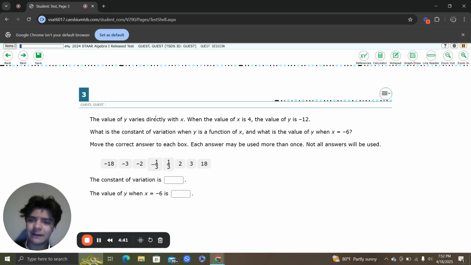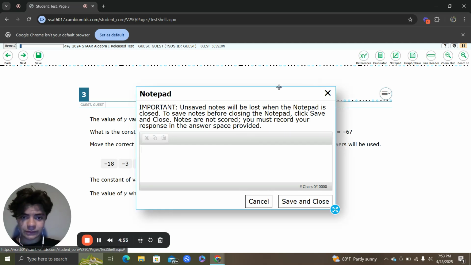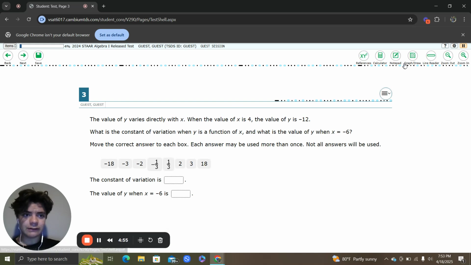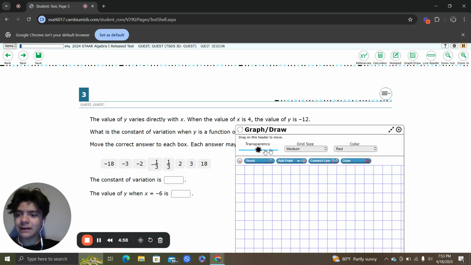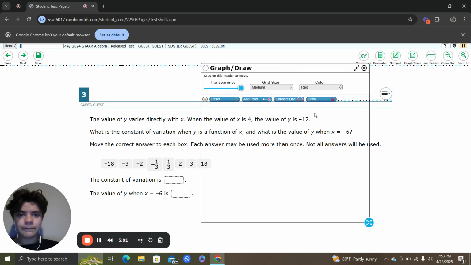So your next thing is the value of y directly varies with x, okay? When the value of x is 4, the value of y is -12. So, this is very simple. So I'm going to use a graph. I'm going to show y'all how simple this is. So when x is 4, y is negative 12. So it's either adding or multiplying, okay?